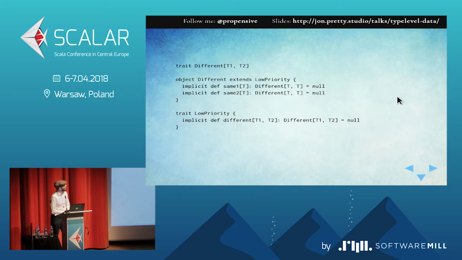And this is something that Miles Sabin came up with many years ago, in fact, which uses implicit search again, and it uses a few quirks of implicit search. The way implicit search works is that if it finds two implicits in one scope, it will find ambiguous implicits and it will refuse to compile.